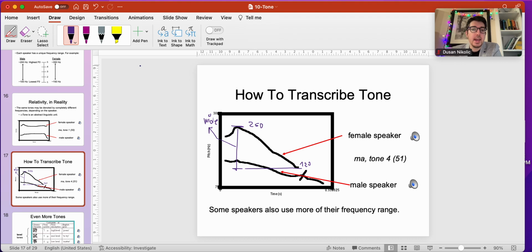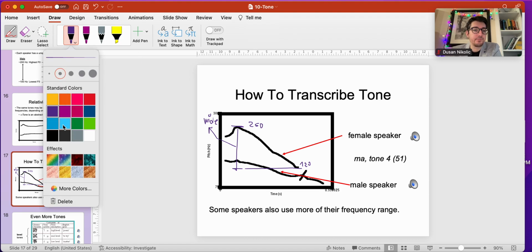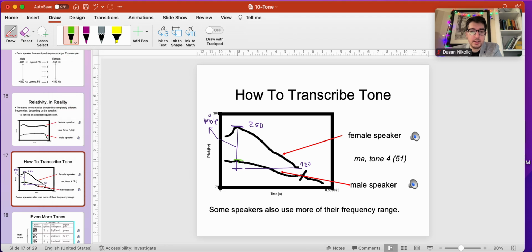Okay. And for a male speaker, I'll use green. This is the peak, and the range is this big. For example, you see even the lines are different in length. It's quite narrow or narrower. I wouldn't say narrow per se, rather narrower.